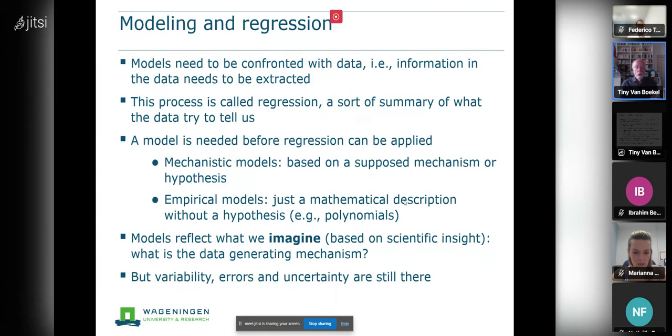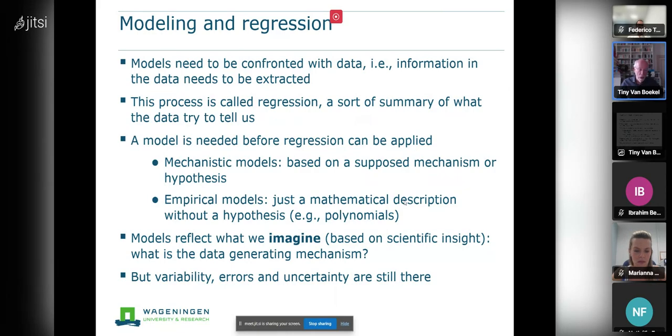And I think what is important to realize is that models are really reflecting our imagination. The imagination should be based on scientific insight, but it is an imagination. It is something that exists in our minds. I don't think models are really there in nature.